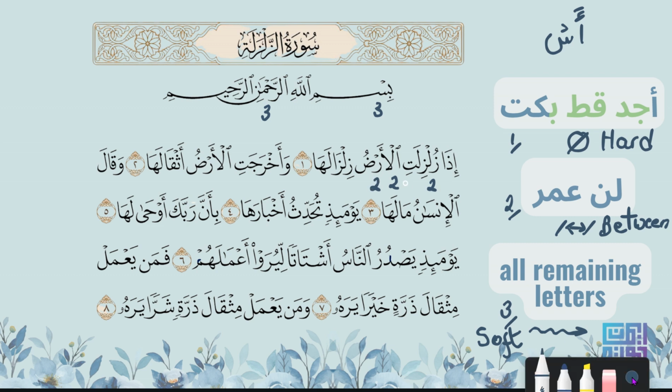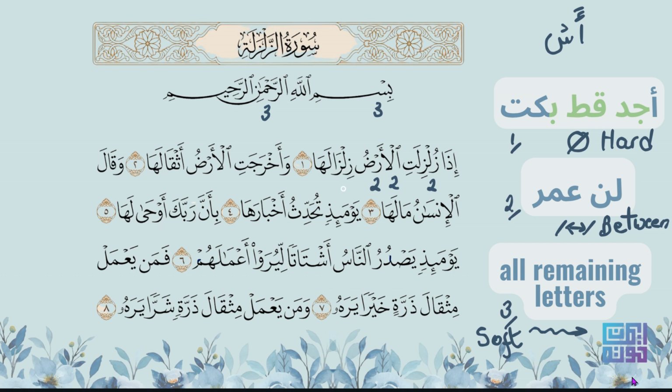So we have a lam, and the ra. The 3 of them belong to the in-between category. So here we don't say zulzilatil ard. Even the ra we can make qalqala in by mistake. So when we give these letters their required time of pronunciation, there will be no qalqala.